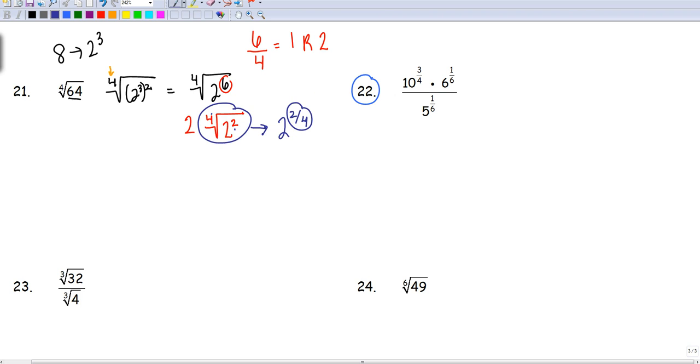Okay, you are always going to simplify it. 2 to the 2/4 power is the same as 2 to the 1/2 power, which means that this part right here, this isn't simplified. You need to rewrite it as a square root of 2. So your final answer is 2√2. This one is rough. There are lots of places to make mistakes with that. Don't worry, we will be going over it.